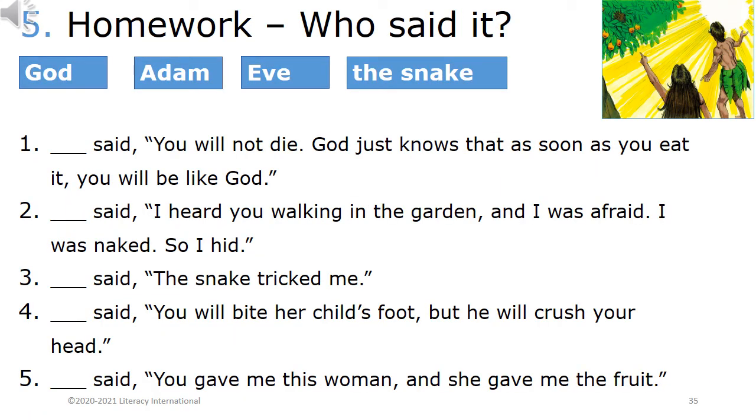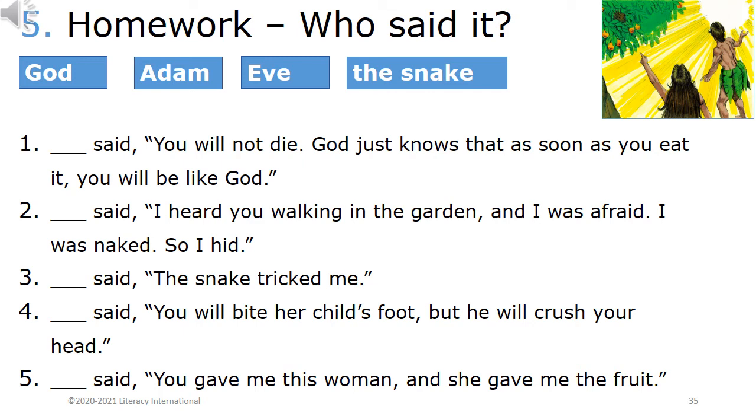5. Homework. Who said it? God, Adam, Eve, the snake. 1. Said, you will not die. God just knows that as soon as you eat it, you will be like God. 2. Said, I heard you walking in the garden, and I was afraid.